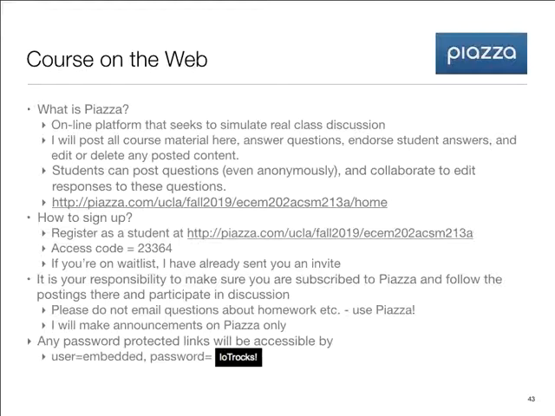The other thing I was told was, in previous years, I would just put the registrar-provided email list on Piazza, and a lot of you already have accounts there, so it would automatically enroll you. This year, I have to give you the choice of what email you wish to use. So we have given you the URL and the access code.